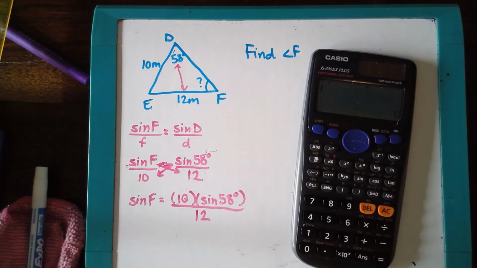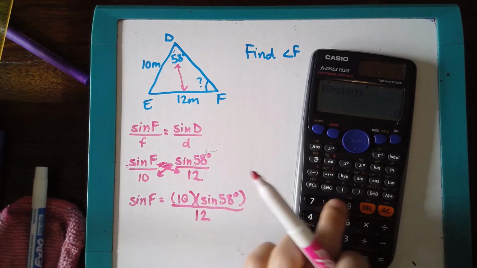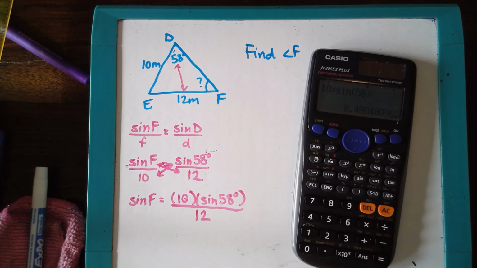And in this case, remember, we're solving for sine f, so we need to do an extra step to solve for angle f. But sine f is 10 times sine 58, and again, I just like to put an equal sign there. You might want to use brackets instead and put the whole numerator in brackets first. I'm just going to put equals divided by 12.